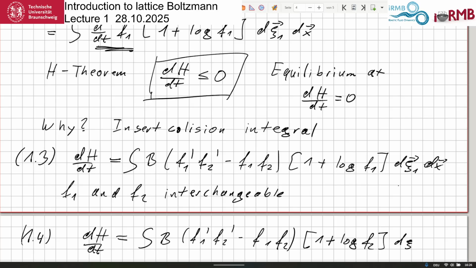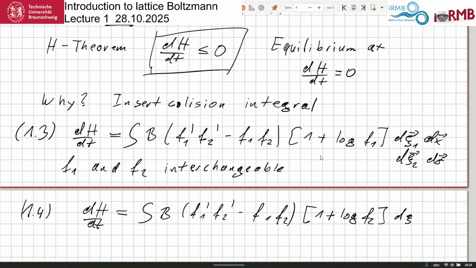And then I have to integrate over xi2 and also over all directions. Okay, so these I've forgotten here. It doesn't matter in which order we have them here. So it's xi1, xi2, dx, and all the directions. So we integrate over everything that we can integrate over.